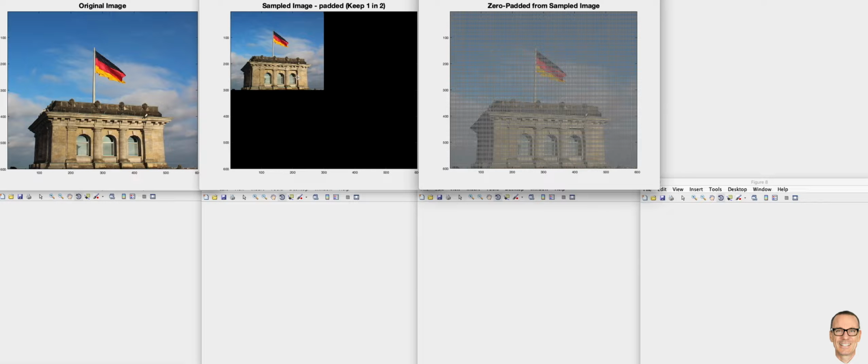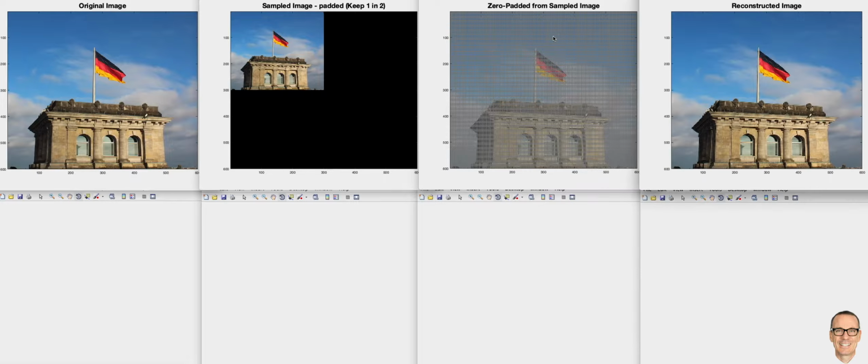Now we'd like to recover a version of the original image. We're not necessarily going to get exactly the original image back because, don't forget, we threw away every second column and every second row. So the first step is to put the zeros in, the rows and columns, and then the second step is to filter this zero padded image and reconstruct it.